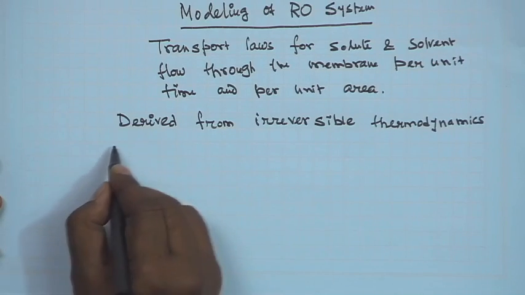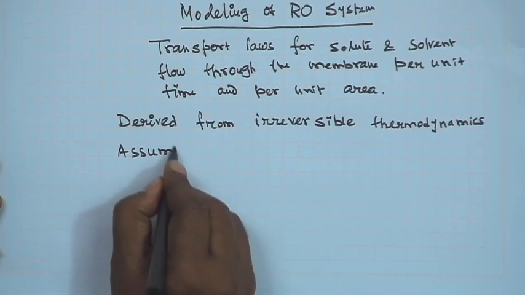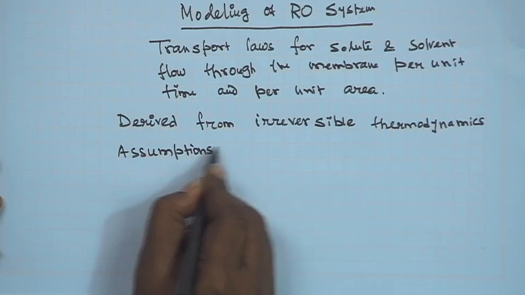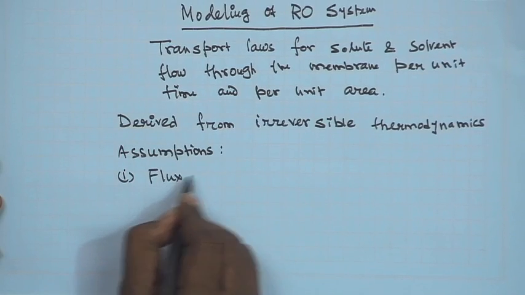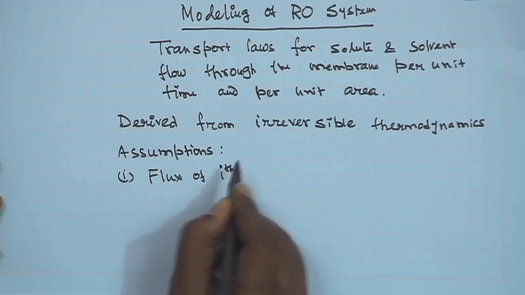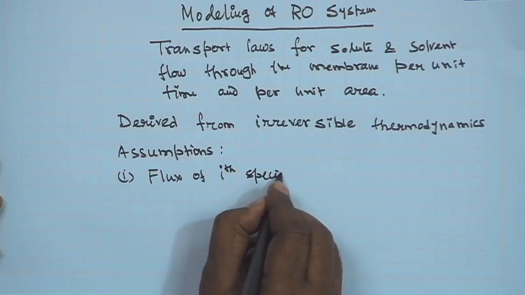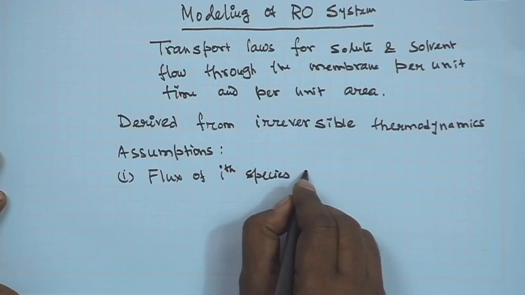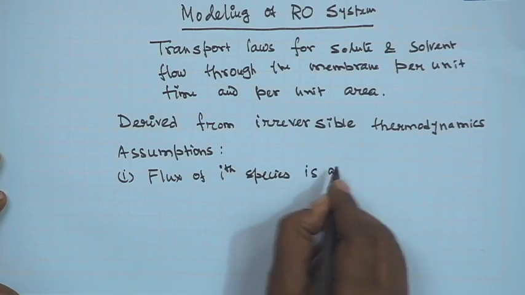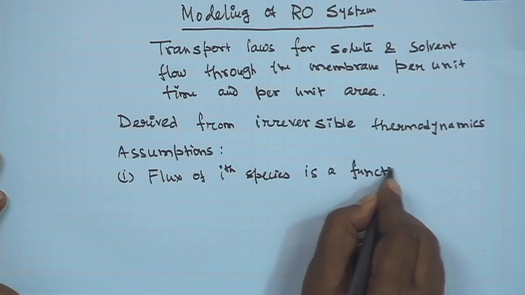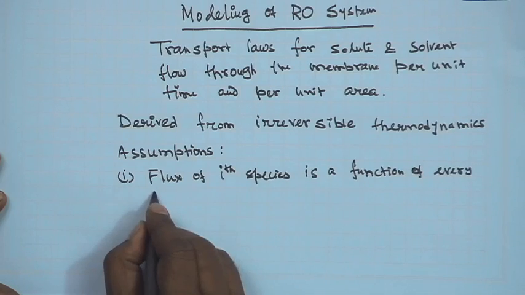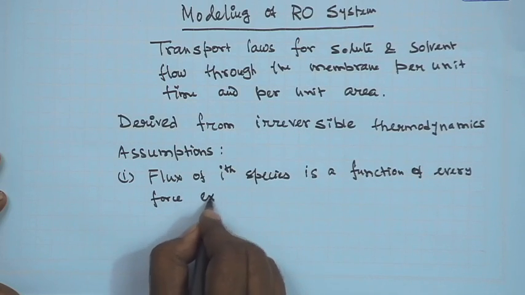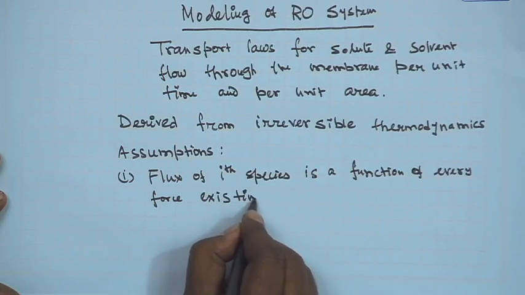There are a couple of assumptions involved. So, let us write down the assumptions involved in the process or in the derivations. First one is the flux of the ith species is a function of every force existing in the system.